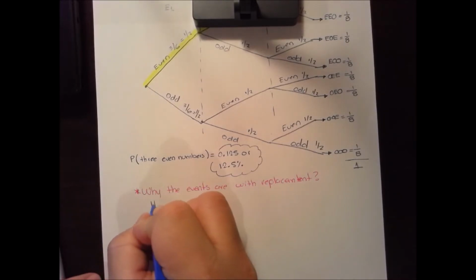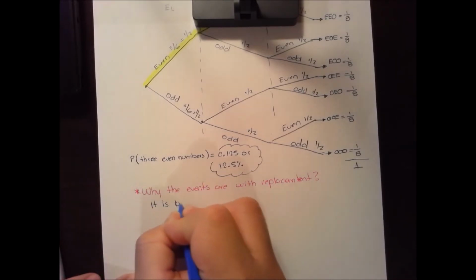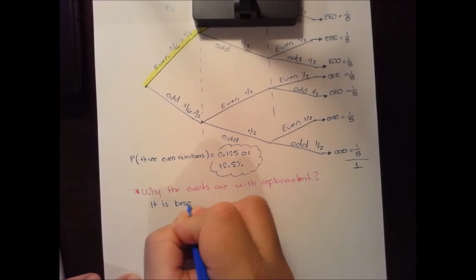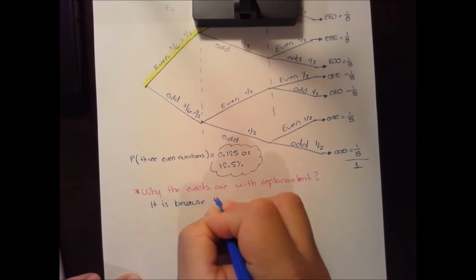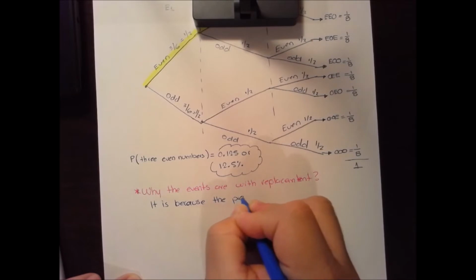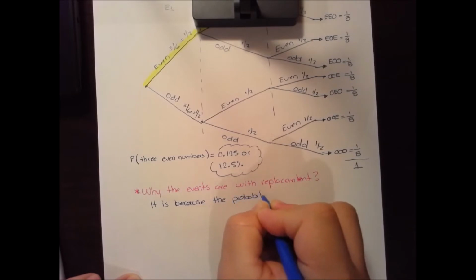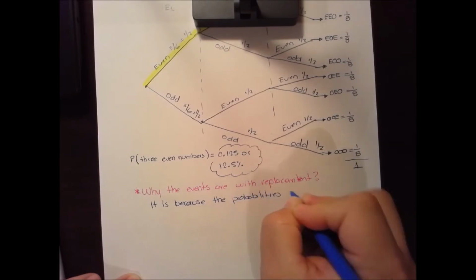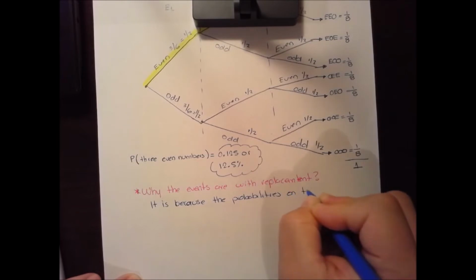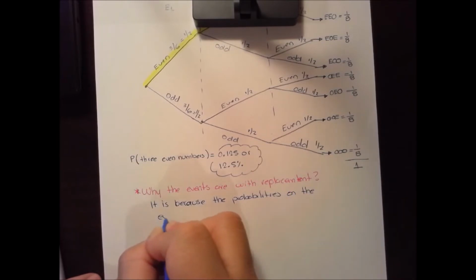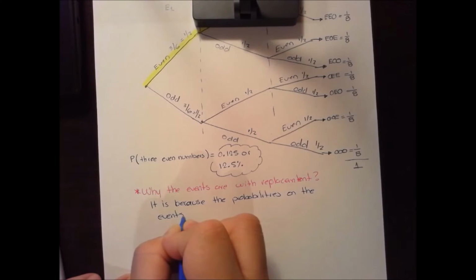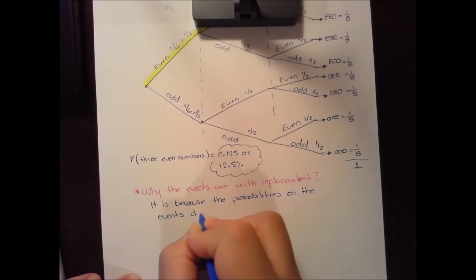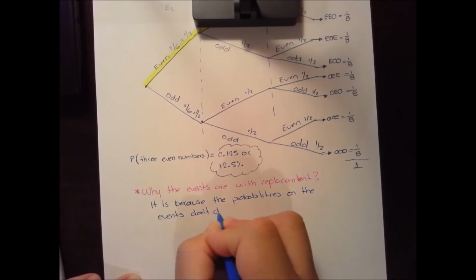It is because the probabilities on the events don't change.